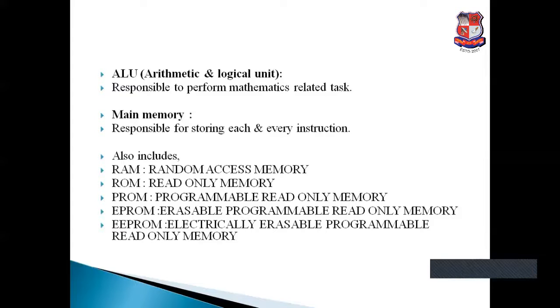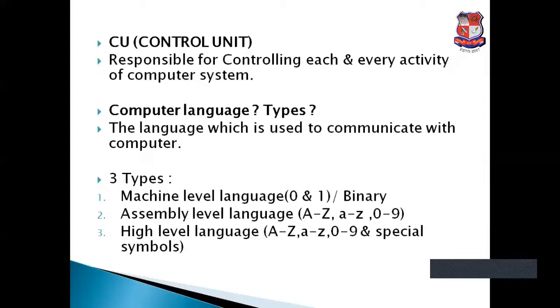Second are ROM, PROM, EPROM and EEPROM. RAM stands for random access memory, ROM stands for read-only memory, PROM stands for programmable read-only memory, EPROM stands for erasable programmable read-only memory, and EEPROM stands for electrically erasable programmable read-only memory.